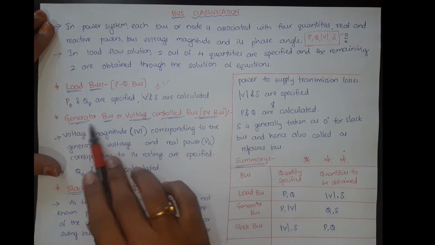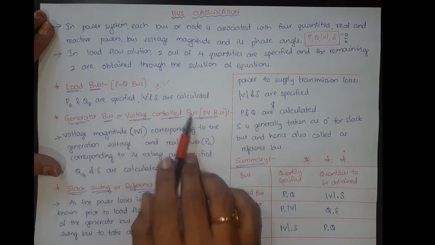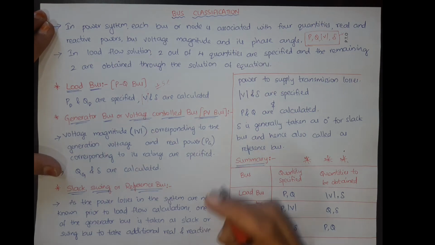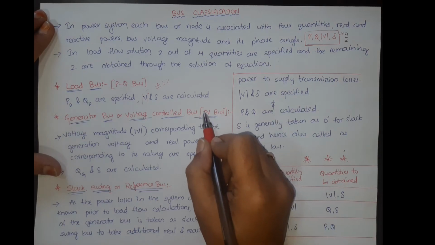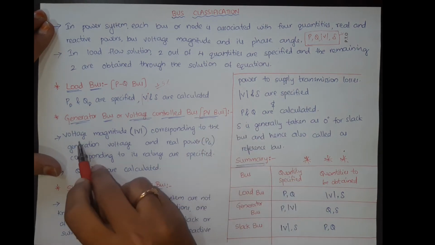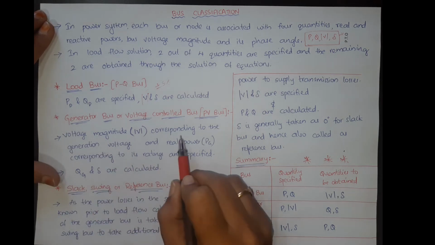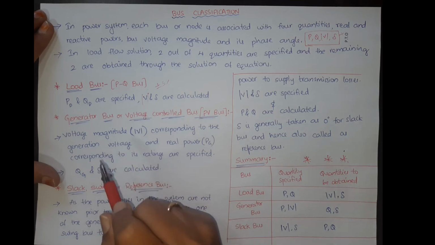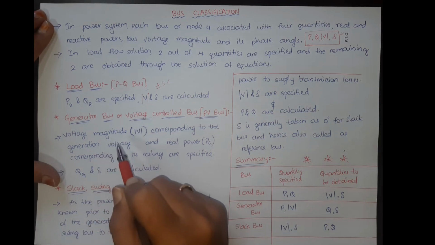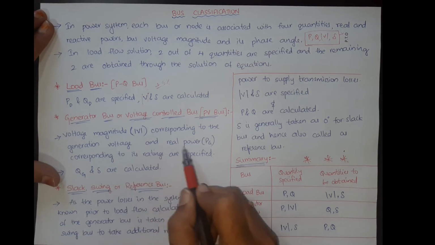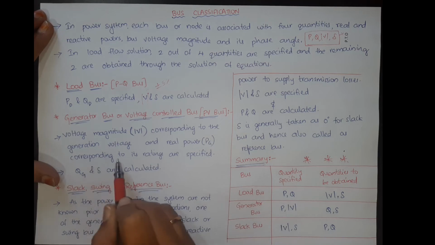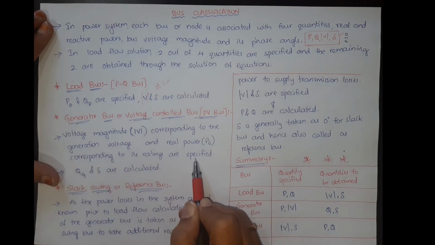So coming to generator bus, or it is also called as voltage controlled bus. When you talk about generator bus, it is also called as PV bus. So voltage magnitude corresponding to the generation voltage, that means how much voltage that generator is able to generate, and real power PG, which is nothing but generated power corresponding to its ratings, are specified.